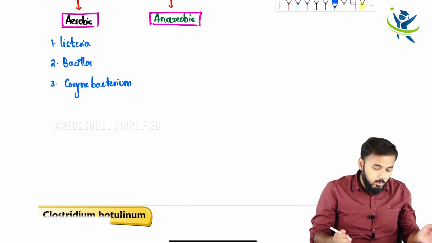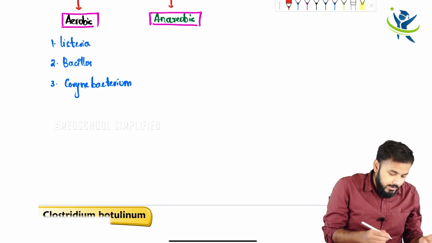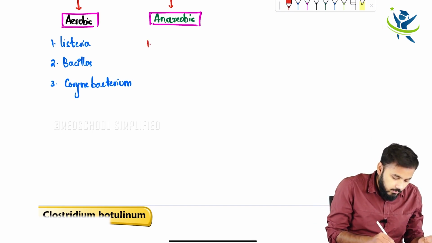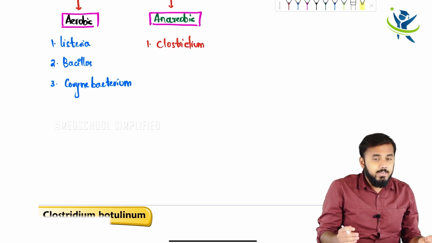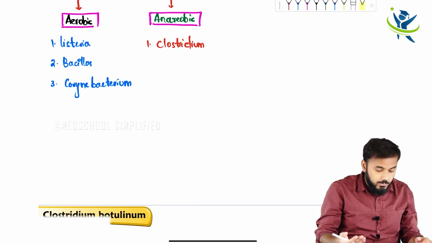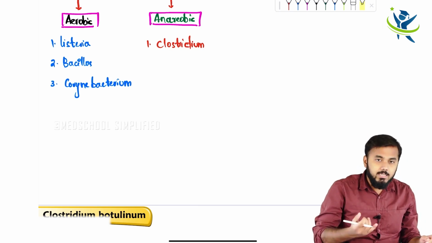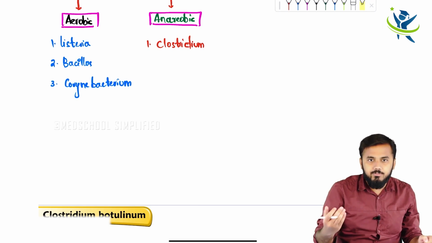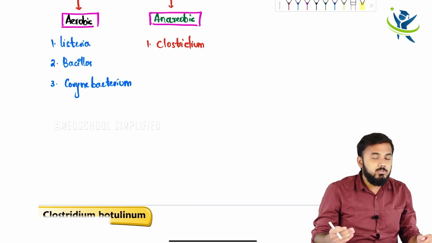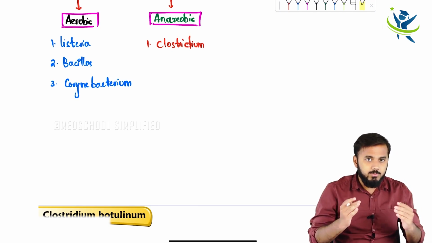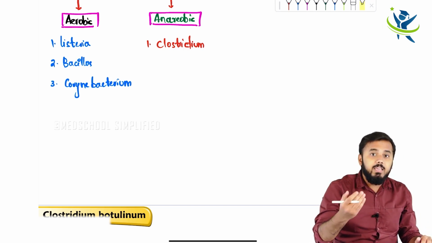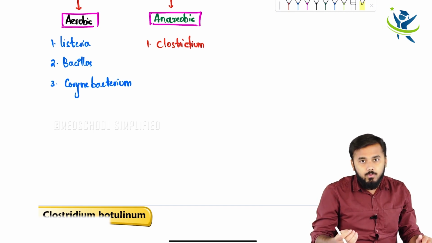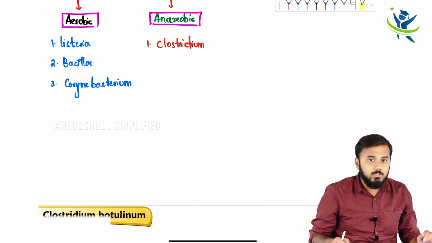When you come to anaerobic organisms, the first organism I want to mention is Clostridium. There are different types of Clostridial species, like Clostridium tetani, Clostridium botulinum, Clostridium perfringens, Clostridium difficile. All of them are anaerobic, which means they grow in the absence of oxygen.